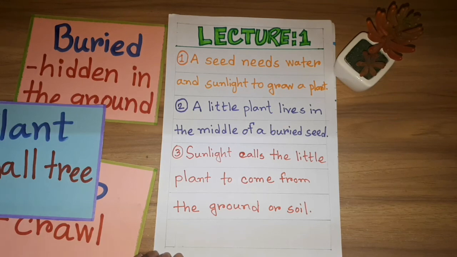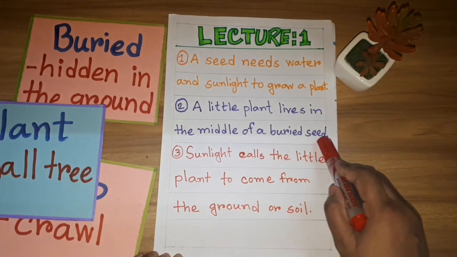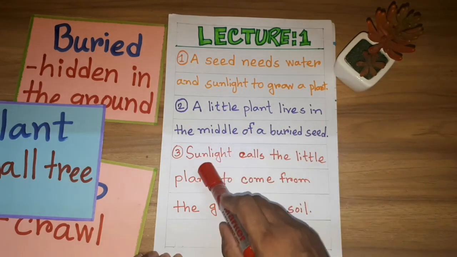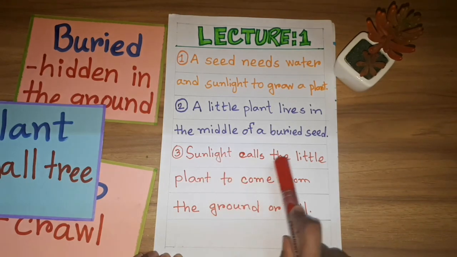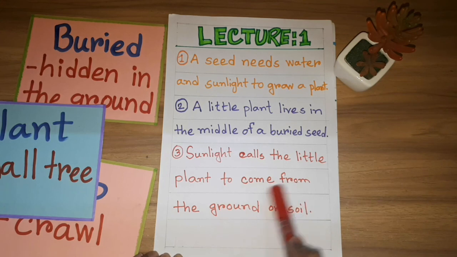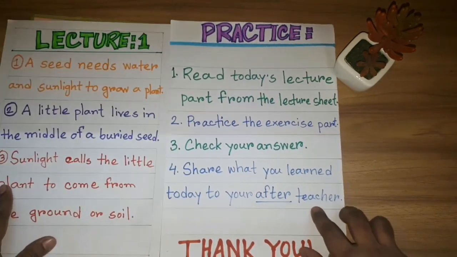And a little plant lives in the middle of a buried seed. And in number 3, we learned that sunlight calls the little plant to come out from the ground or soil, that means to come out from the seed.